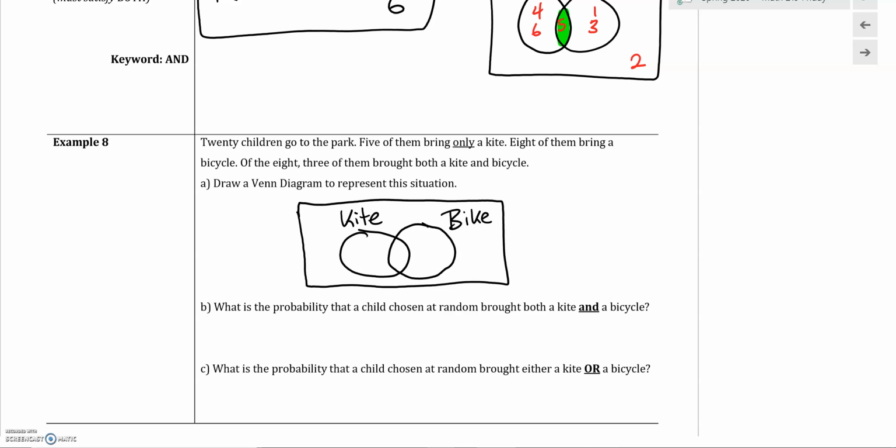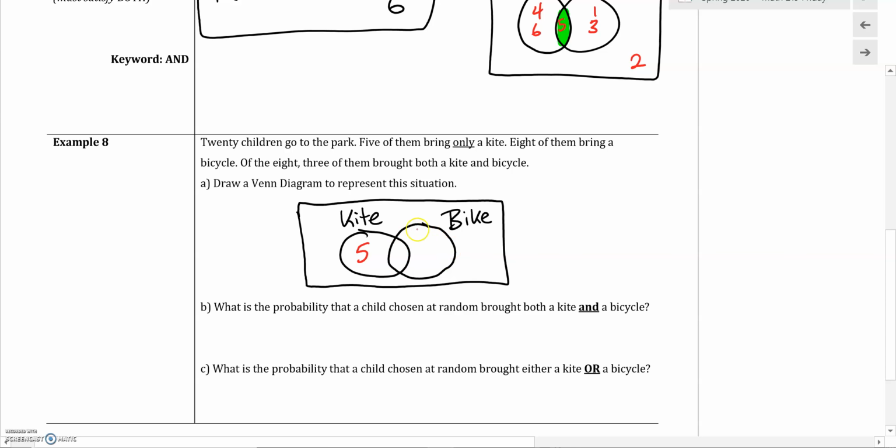Let's see. 5 kids bring only a kite. So there should be 5 kids in the kite bubble that do not belong in the bicycle bubble as well. It says 8 kids bring a bicycle. So this whole bicycle bubble here must contain 8 kids in total. And it says of the 8 kids living in this bubble, 3 of them also brought a kite.